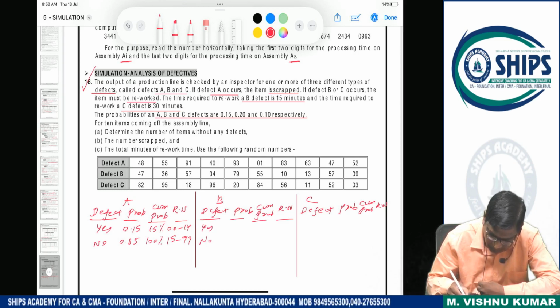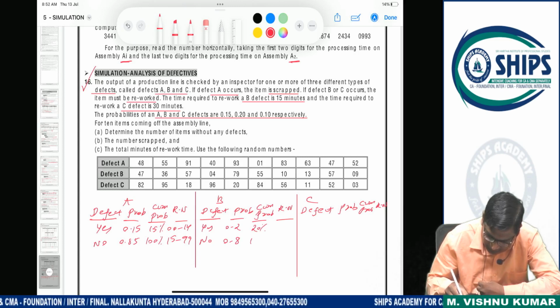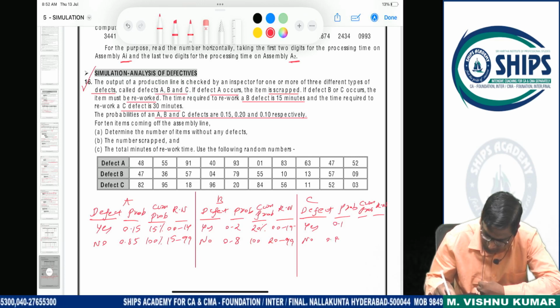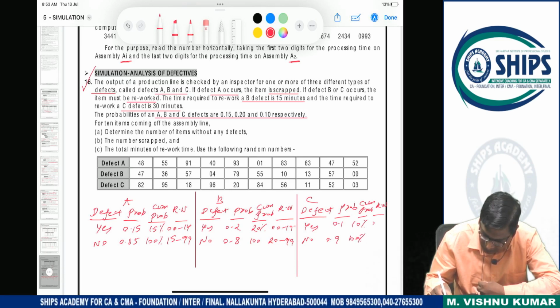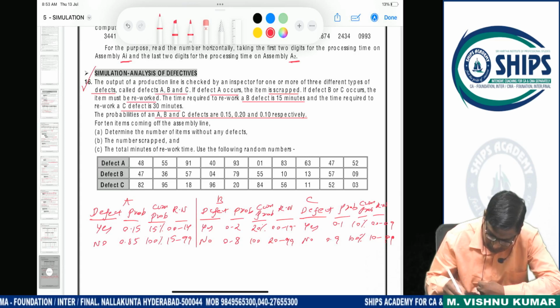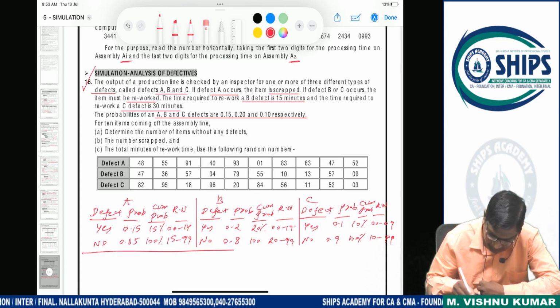Yes, no. Probability 20 given, this is 80. Zero 0 to 19, 20 to 99. Okay, this is the first part we completed.